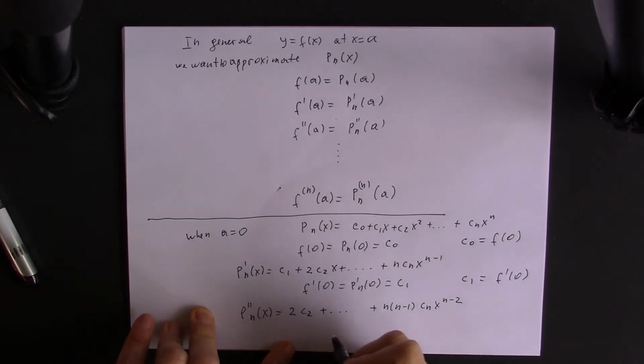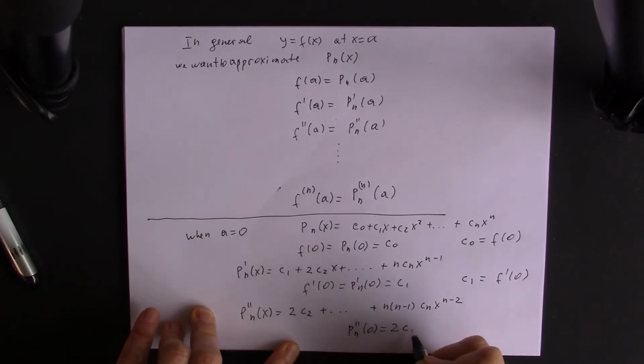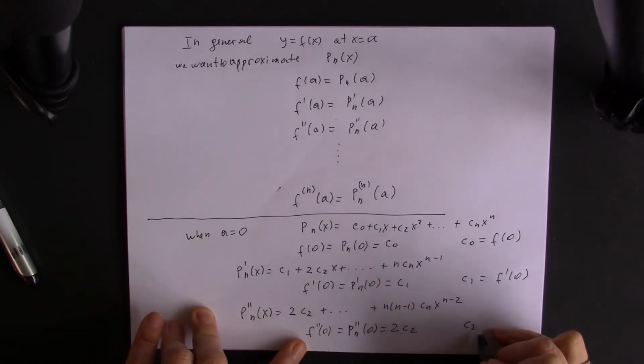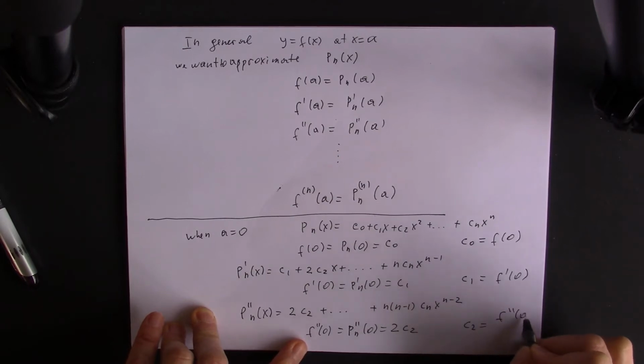Substituting 0 for x, the second derivative at 0 is just 2c2, and it's supposed to be equal to the second derivative of the function at 0, so we conclude that c2 equals the second derivative at 0 divided by 2.